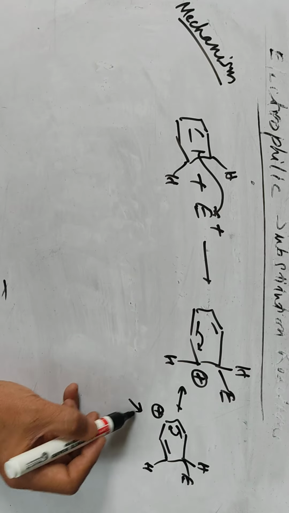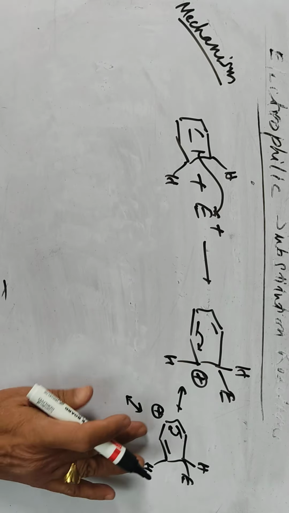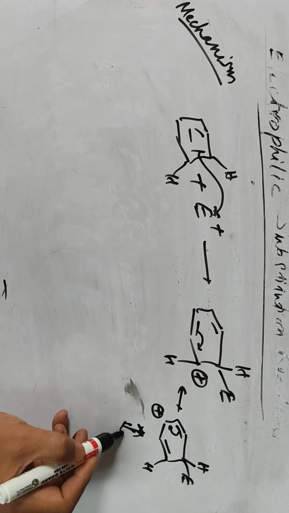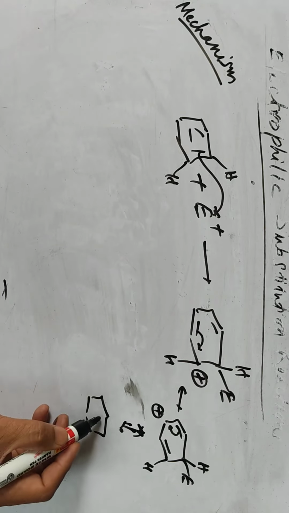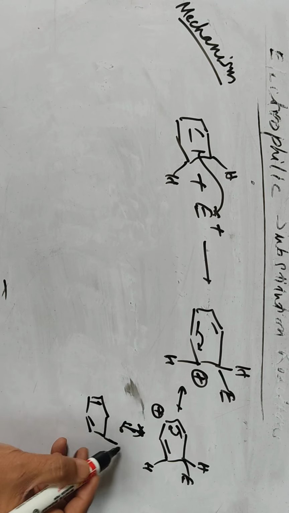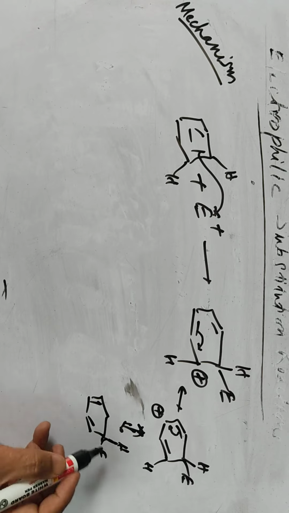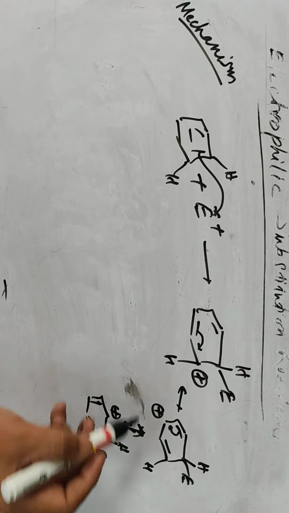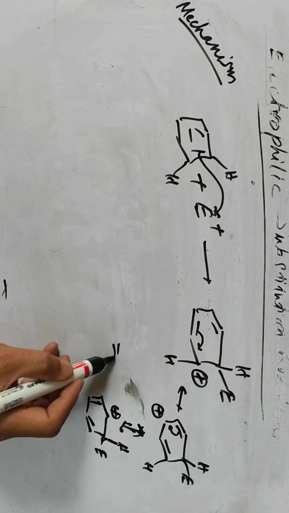So we show that many resonance structures of this can be drawn. We have the hydrogen and the electrophile here, and in this way we can draw this in the equilibrium form.